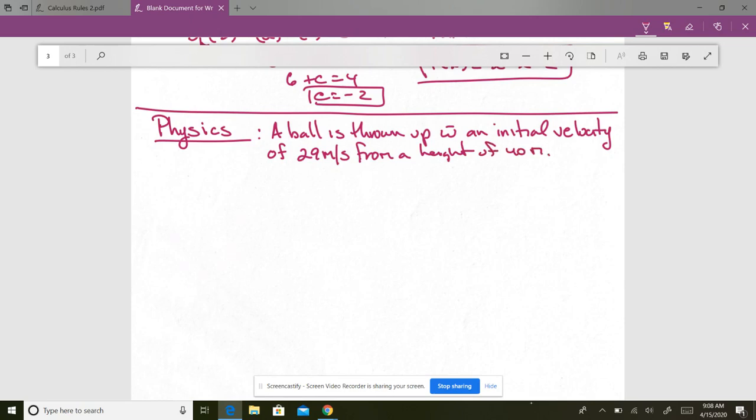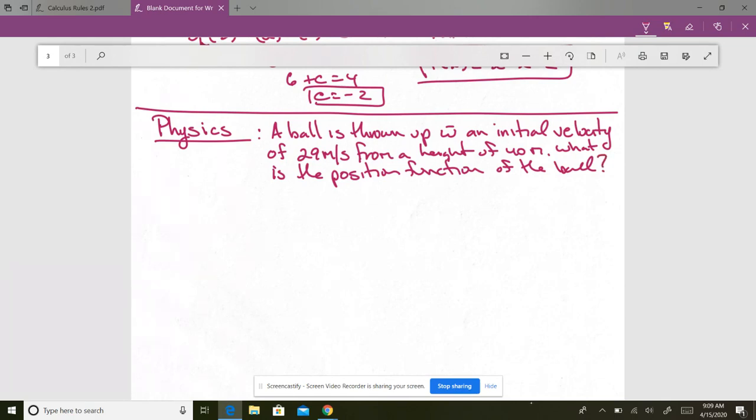What is the position function of the ball? I.e., what function will describe where the ball is at any time?